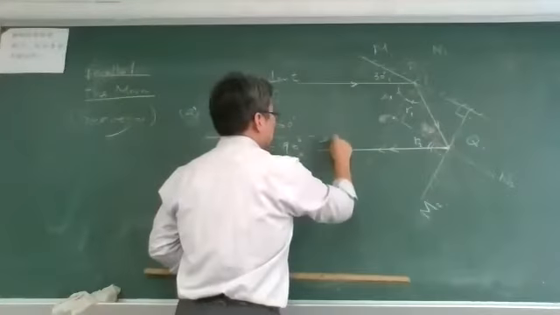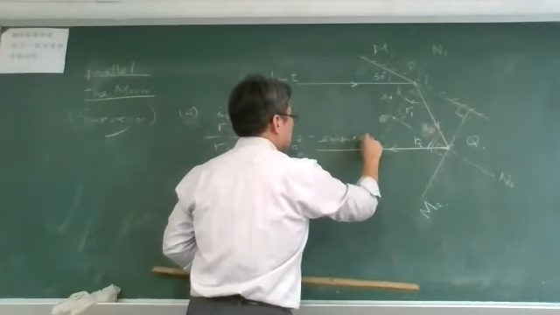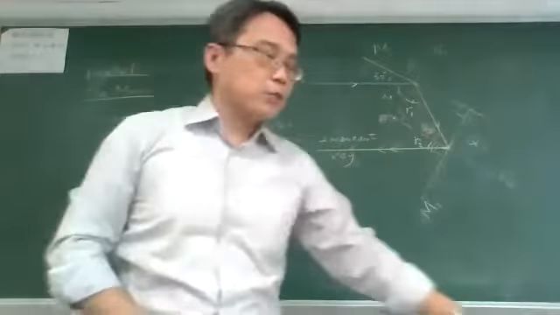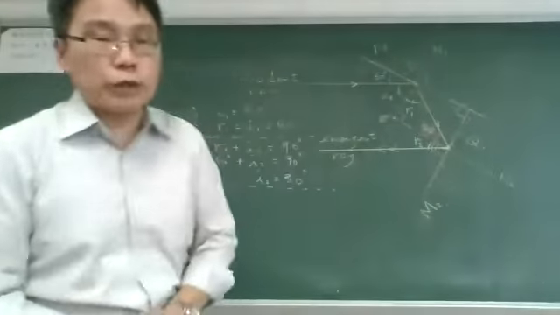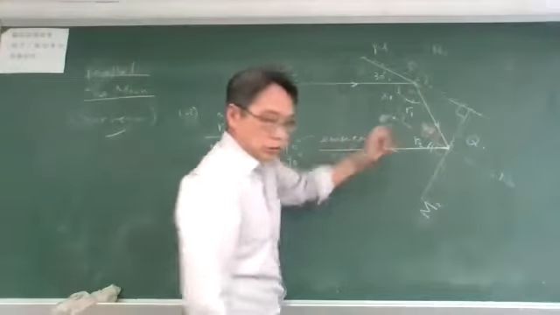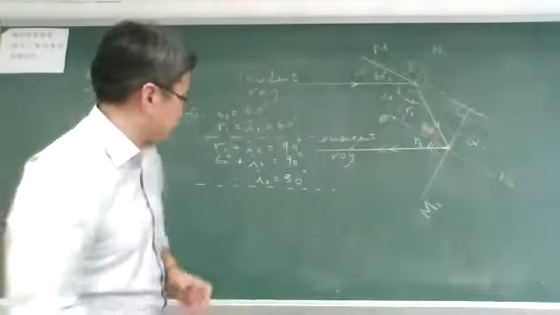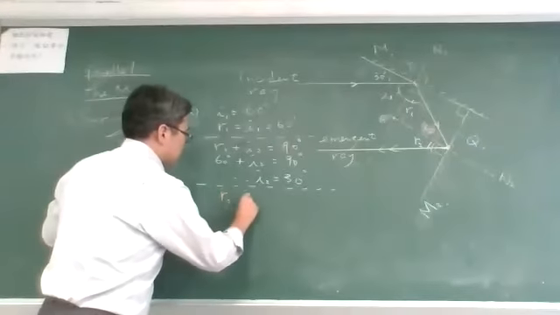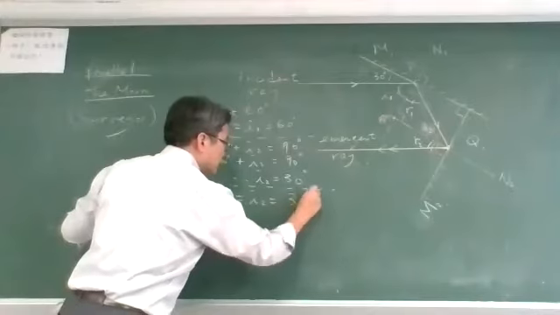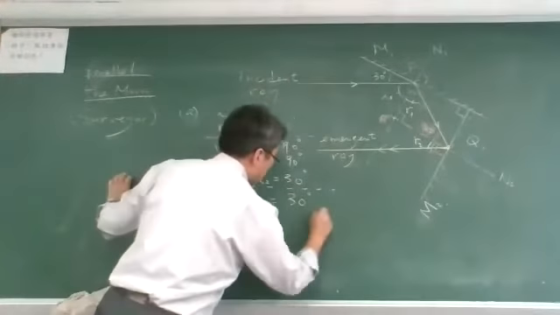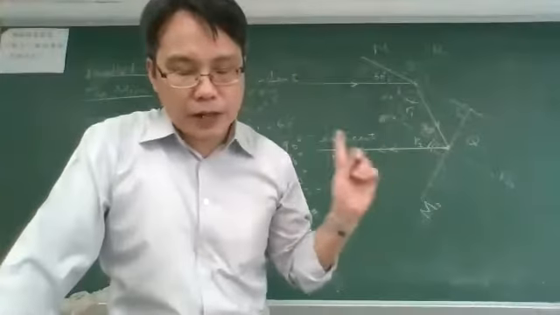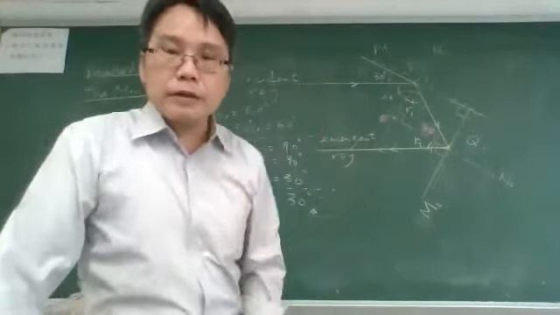And this is the emergent ray. The second refracted ray is the emergent ray of this two mirror system. And this angle, R2, according to laws of refraction, R2 is equal to I2 is equal to 30 degrees. And this is step number 3, and which gives us the answer of part A.